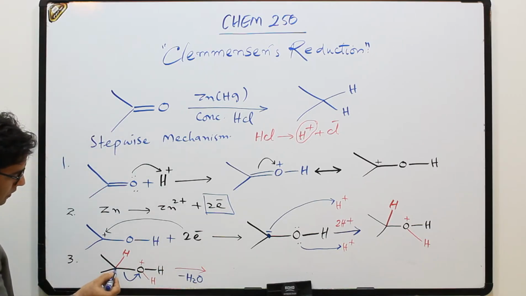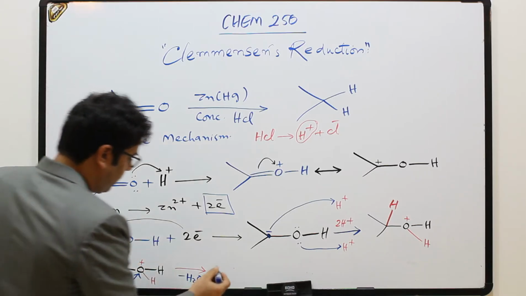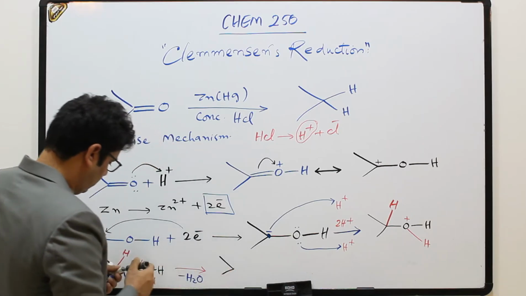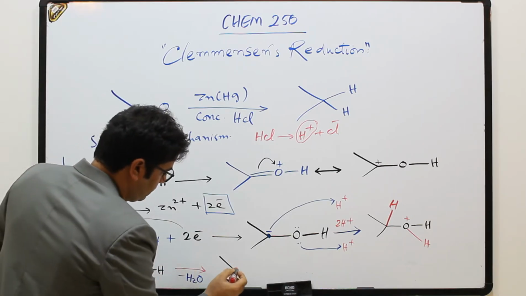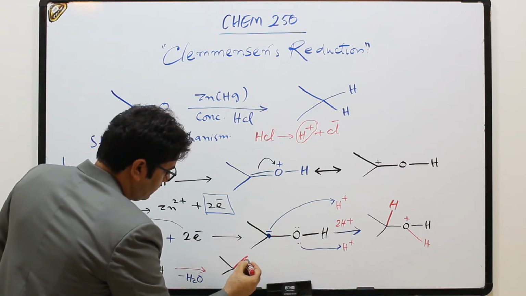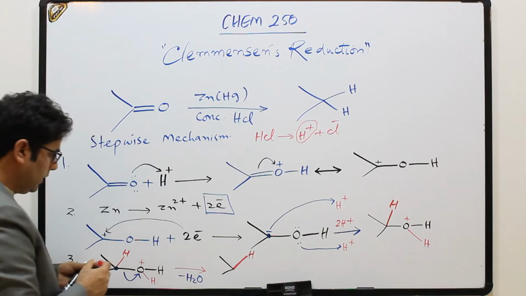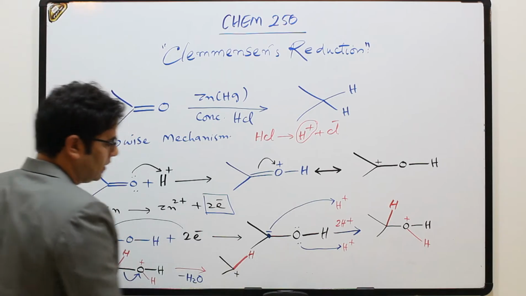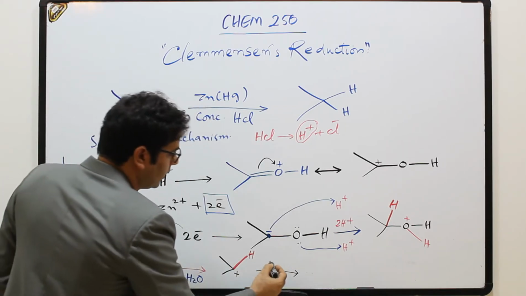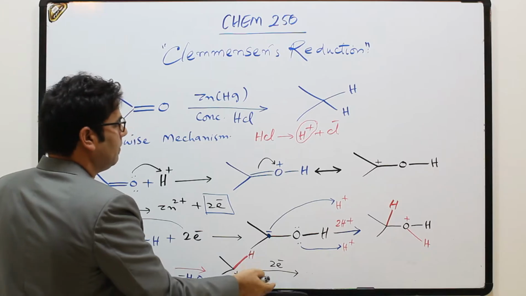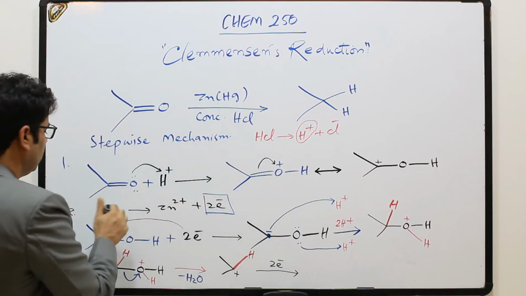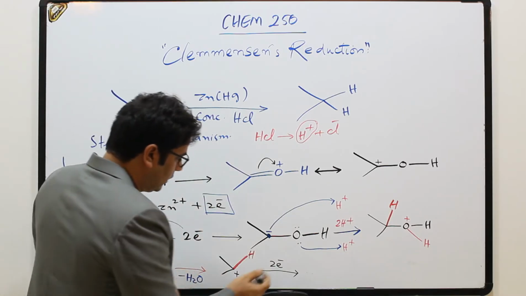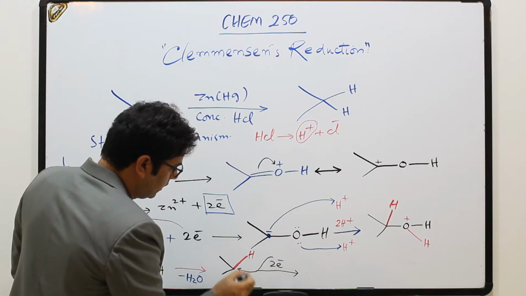Because of this, the carbon will get a positive charge. Because of this positive charge, again 2 electrons are needed. These electrons are coming from zinc. These 2 electrons will try to attack this carbon.